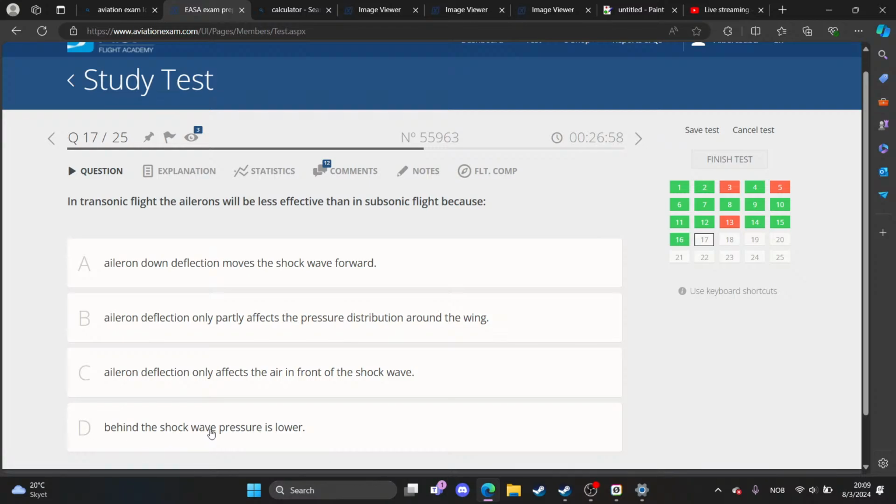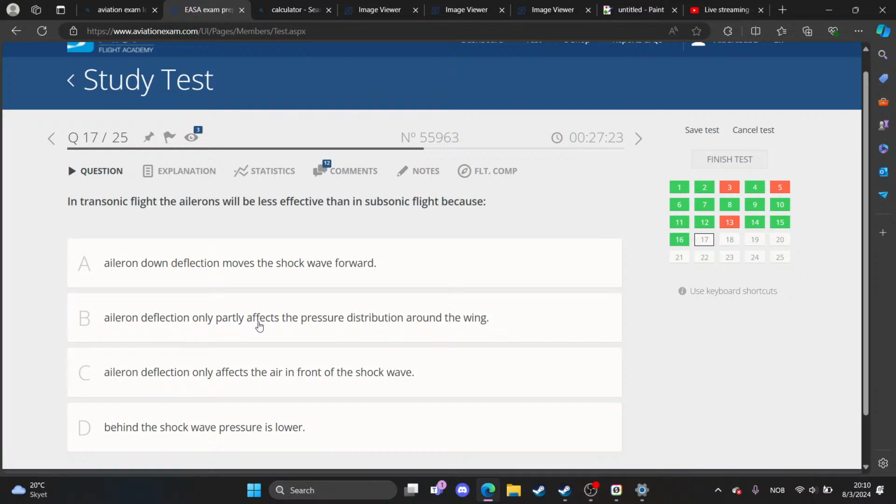No. Or is it? Behind the shockwave, pressure is lower. Doesn't it increase? Alright, let's say this one's wrong. So it's between B and C.